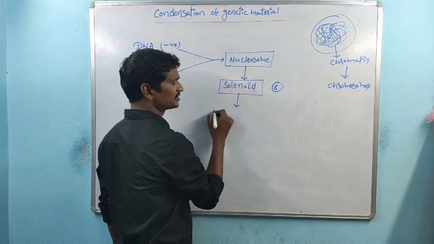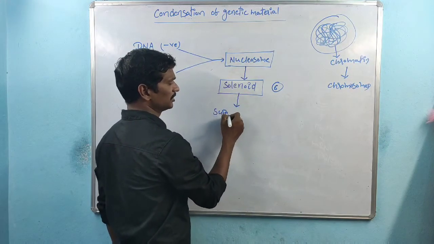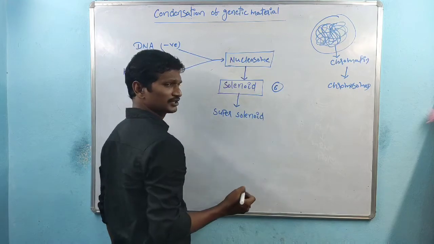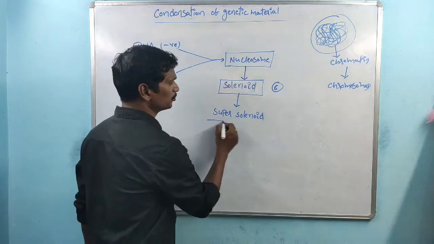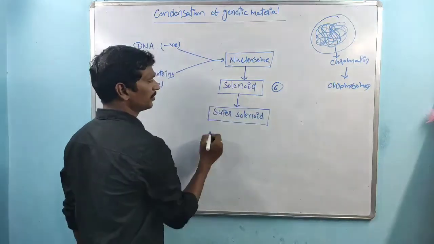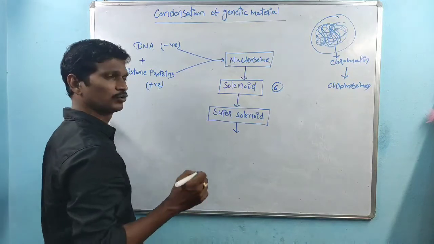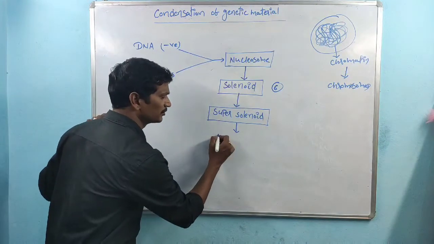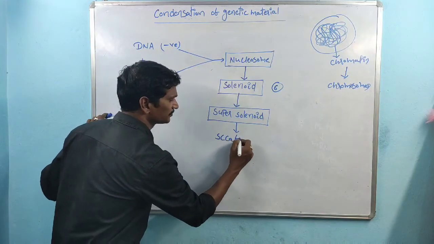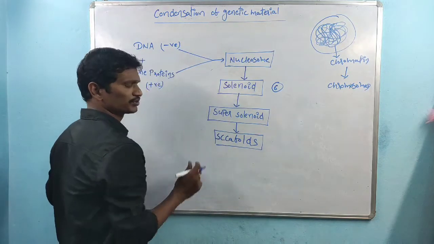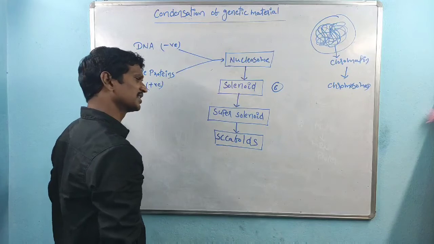A group of solenoids combined produces the super solenoid structure. A group of super solenoids combined produces the scaffolds.